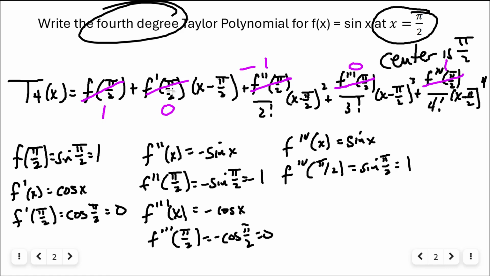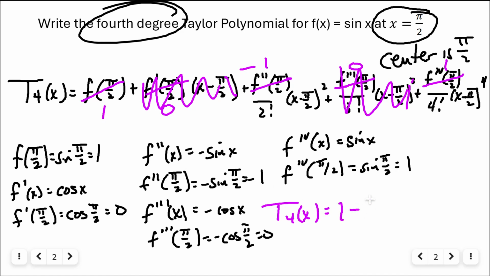Okay, so all the 0 terms are going to drop out. This term's going to drop out totally. This term's going to drop out totally. And we're going to write down our fourth degree Taylor polynomial. So our fourth degree Taylor polynomial final is 1 minus 1 over 2 factorial x minus pi over 2 squared plus 1 over 4 factorial x minus pi over 2 to the fourth.